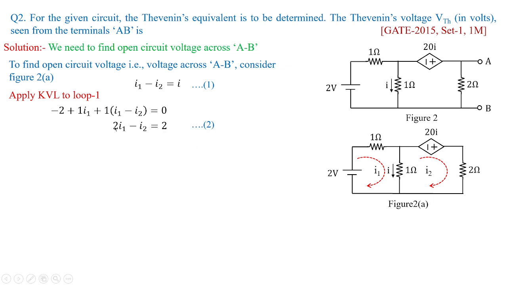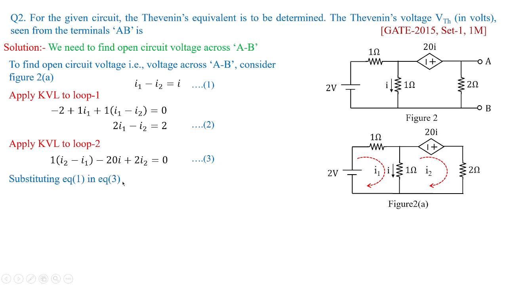With this, applying KVL to loop 1, I get 2 I1 minus I2 equal to 2. Applying KVL to loop 2, we will have 1 times I2 minus I1, minus 20I, plus 2 I2 equal to 0.